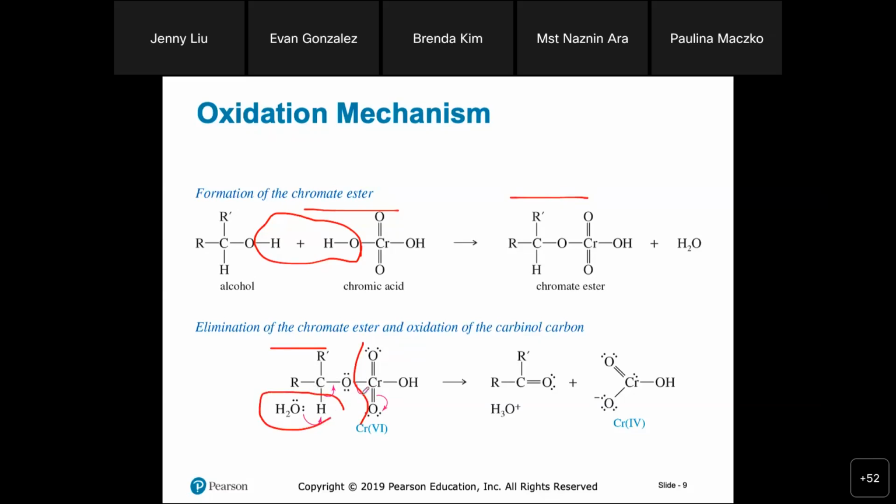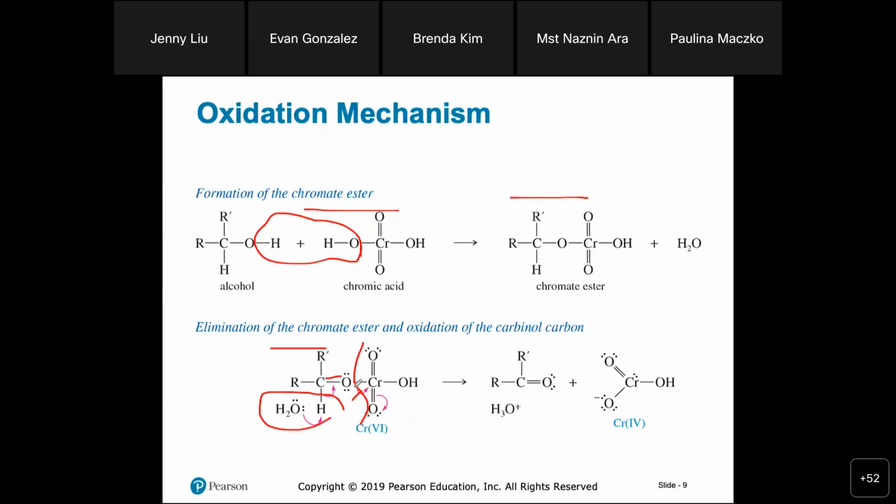By eliminating those, carbon will form the double bond with oxygen to maintain carbon's valence, the four bonds. And since we have the available electrons from the oxygen, they will share and make this double bond.